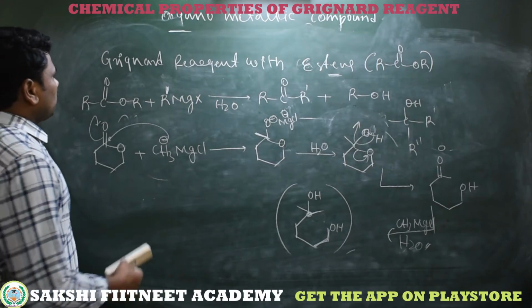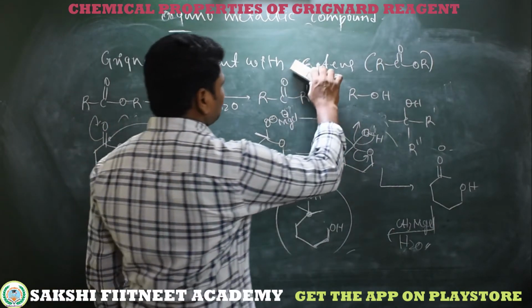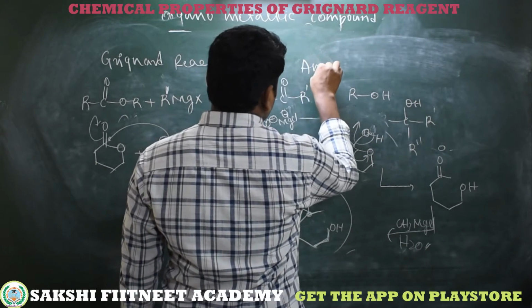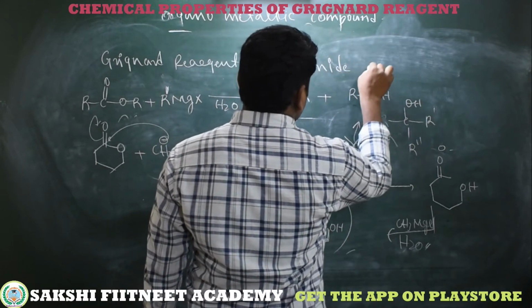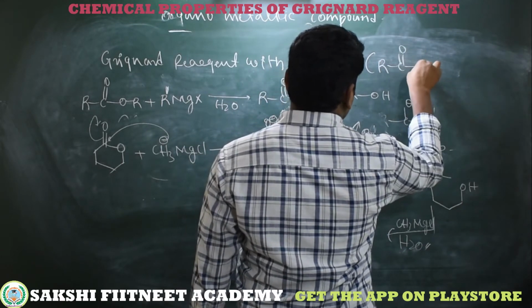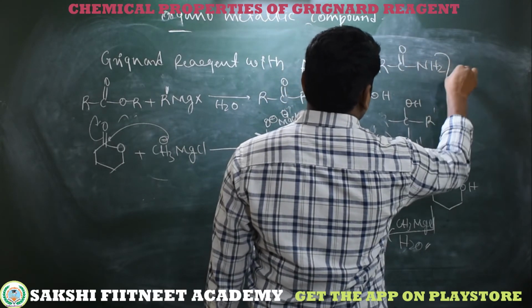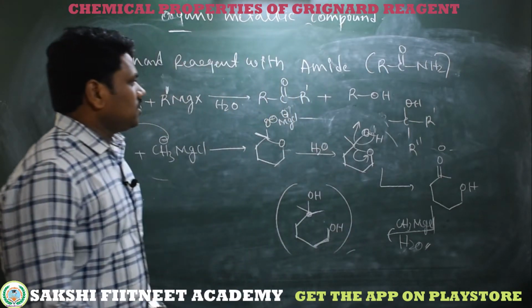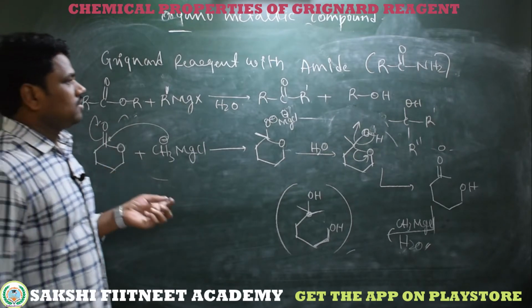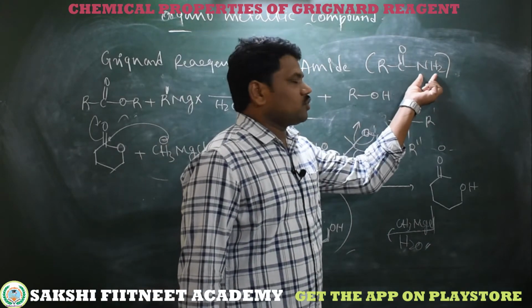Now we'll discuss Grignard reagent with amides, that is, with a primary amide. I am taking the general formula RC double bond O, here NH2. Here nothing changes, only instead of removing OR minus, here the leaving group is NH2 minus.